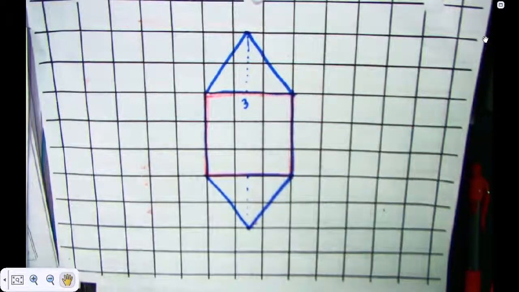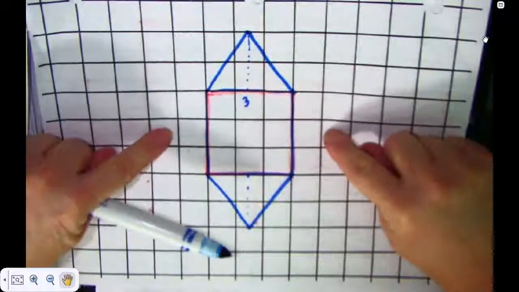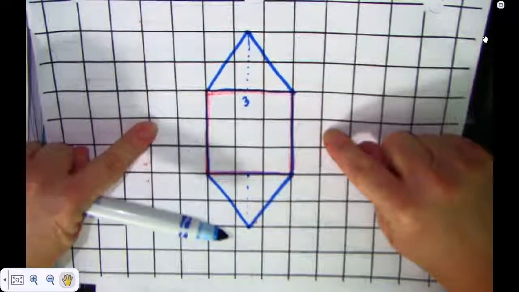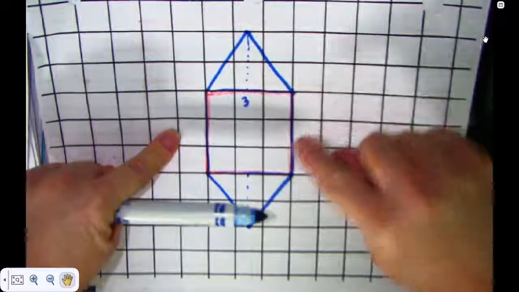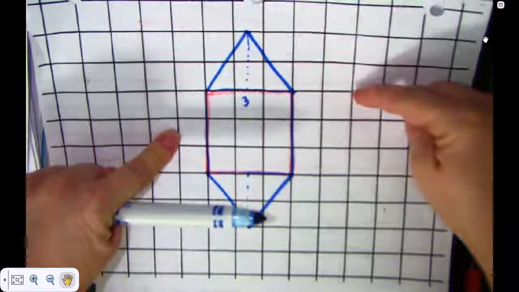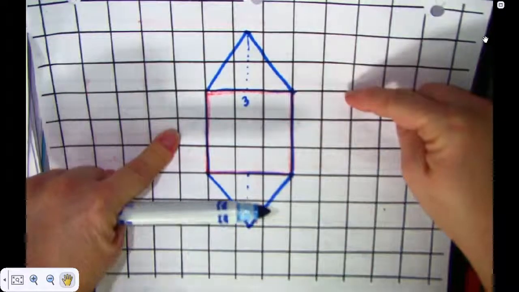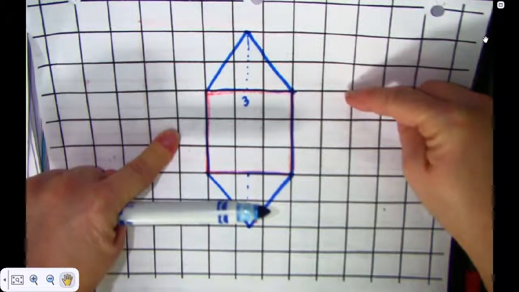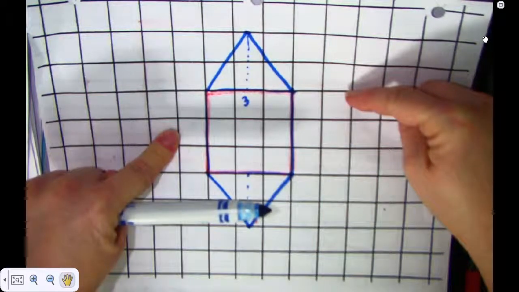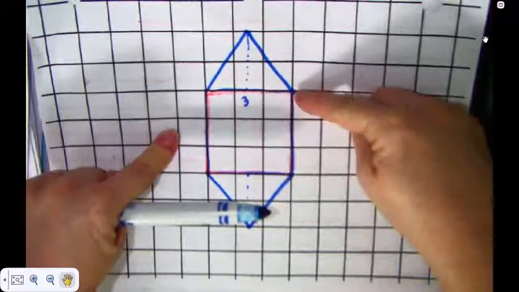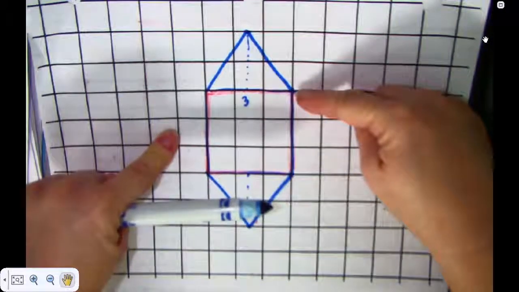Okay. Now, we need to draw the 2 other rectangles. Guys, they're going to go right here, aren't they? The rectangles. So this side right here, this length has to be the same as... nope, doesn't have to be.